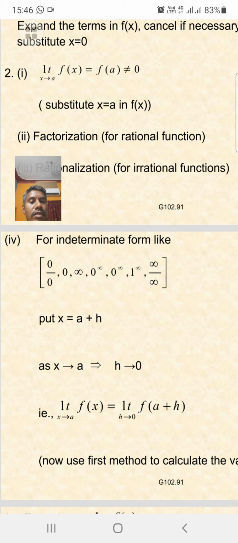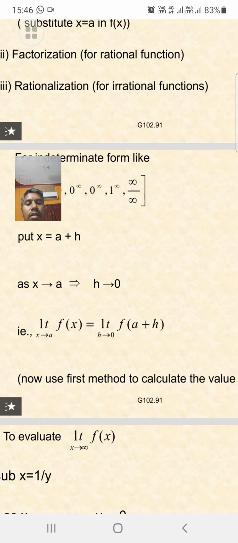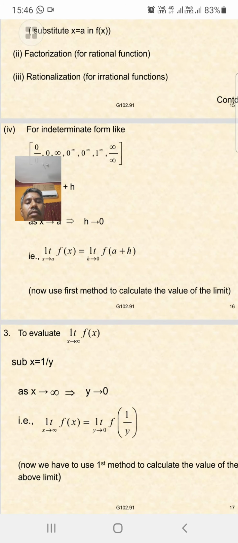As x tends to a, that implies h tends to 0. That is, limit x tends to a, f of x equals limit h tends to 0, f of a plus h. Now use the first method to calculate the value of the limit.